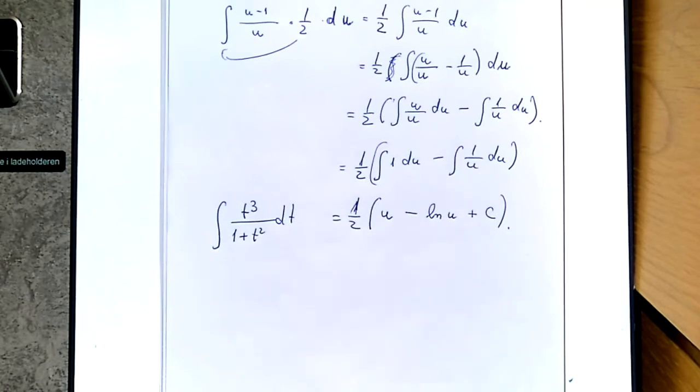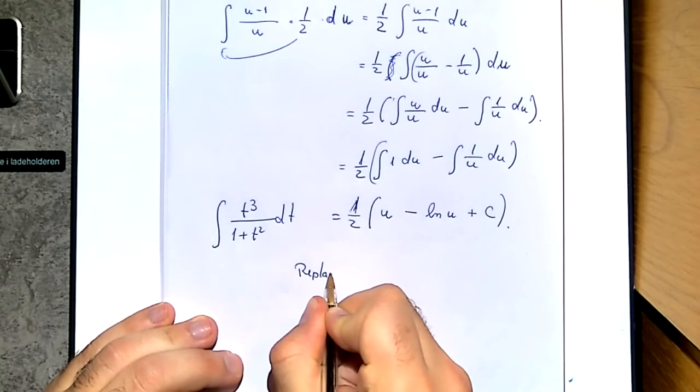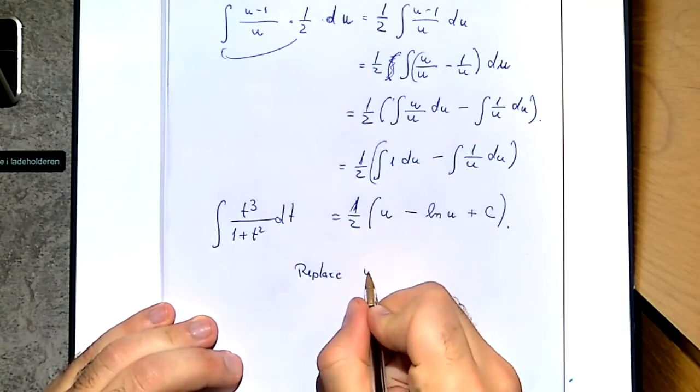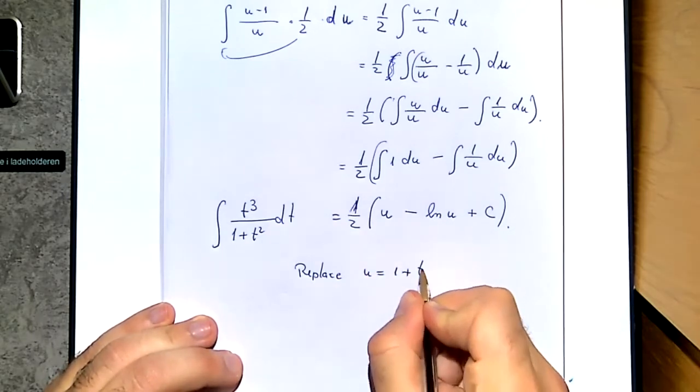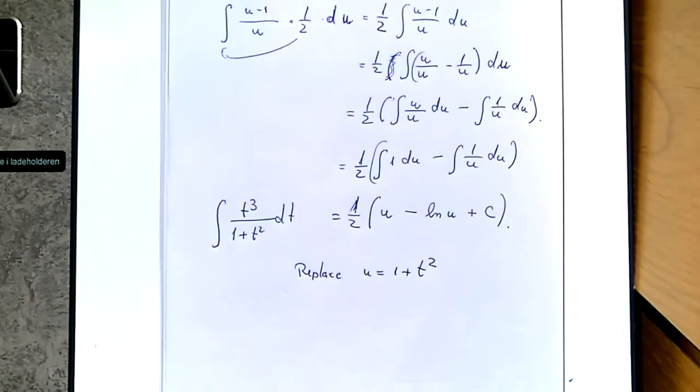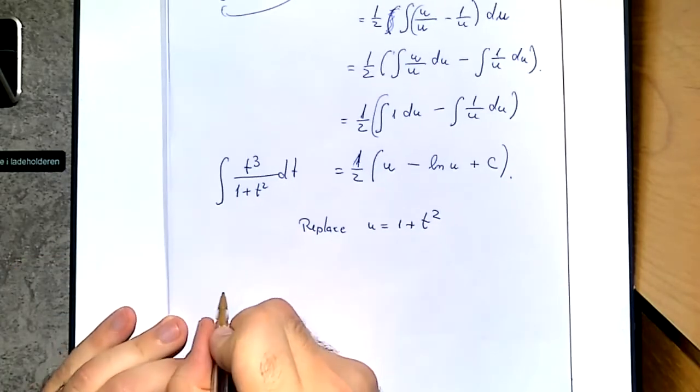Impossible, two different variables. So I have to replace my u, which was 1 plus t squared. So I just replace everything and I'm done.